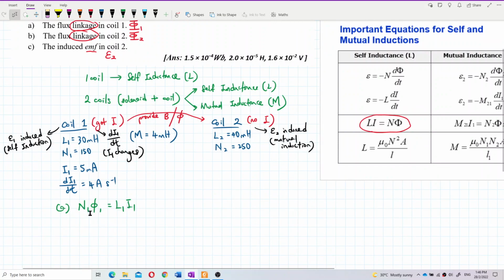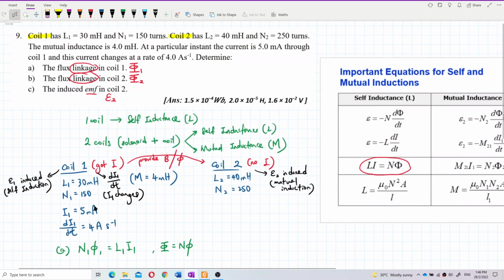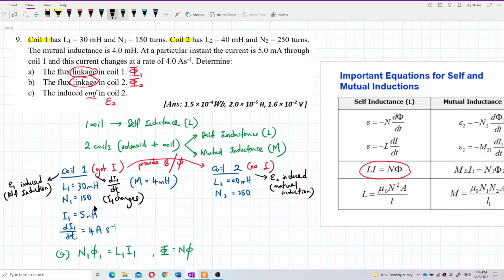And then the capital phi is actually n phi. Flux linkage means it has many turns, n turns. All these have n turns. Flux linkage means you have n.